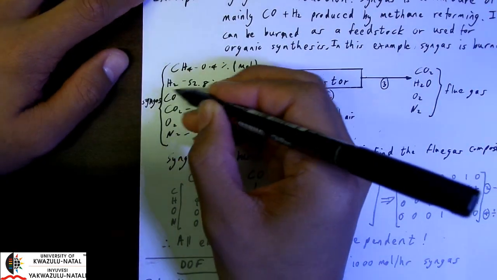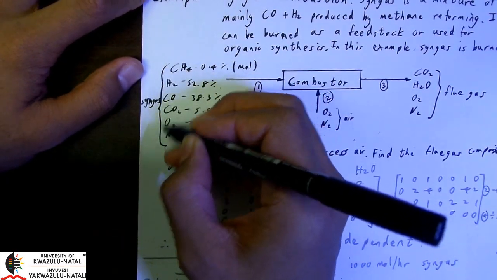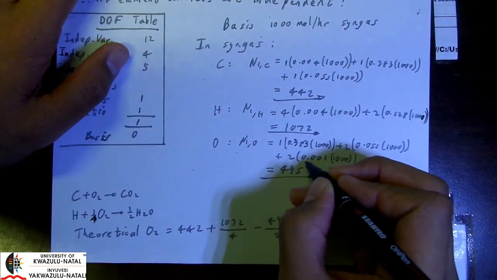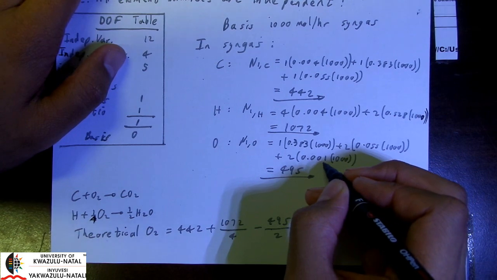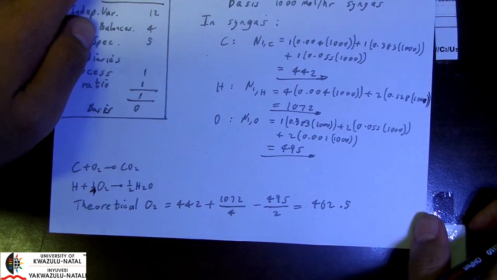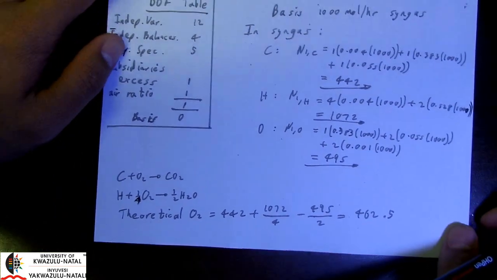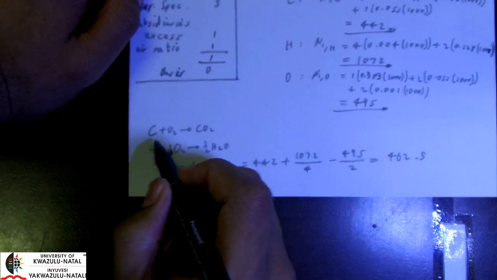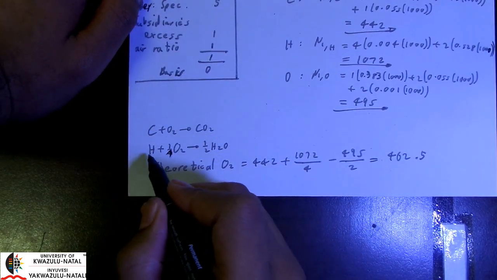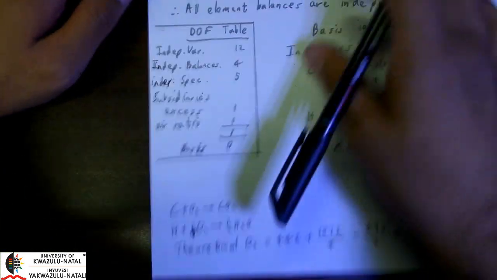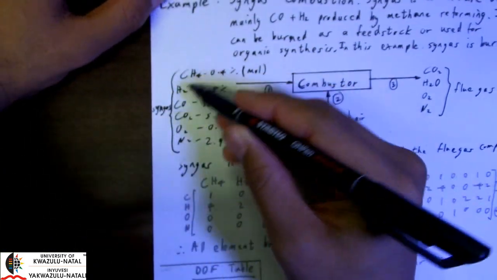Okay, and in addition to that, we have 2 moles of oxygen in oxygen gas. And there it is here, 2 multiplied by 0.001 times 1000. And this is the summation. Okay, and remember that we can assume the following reactions. All of the carbon becomes CO2, the hydrogen becomes H2O. There is no sulfur here, so we don't have to worry about the reaction with sulfur.